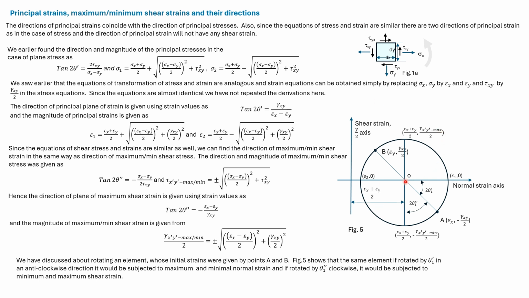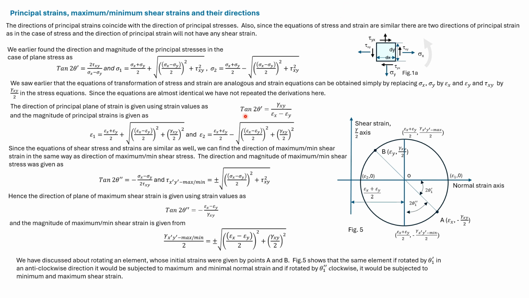For this schematic case, if we rotate OA by 2 theta dash 1, we reach the plane of maximum principal strain. And if we rotate by 2 theta double dash 1 in the clockwise direction, we reach the plane corresponding to the minimum shear strain. This again is similar to Mohr's circle of stress.